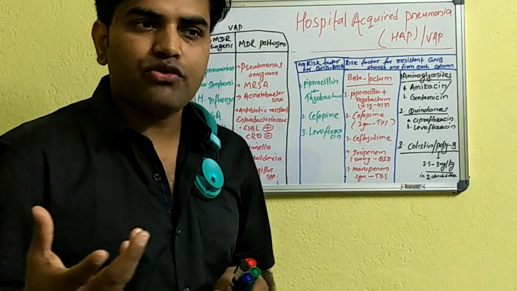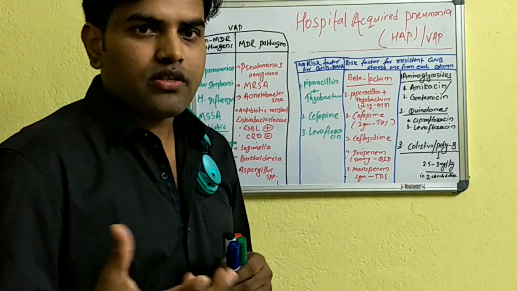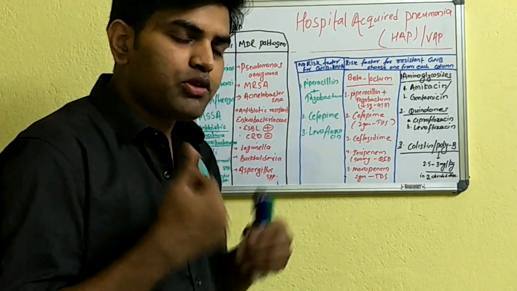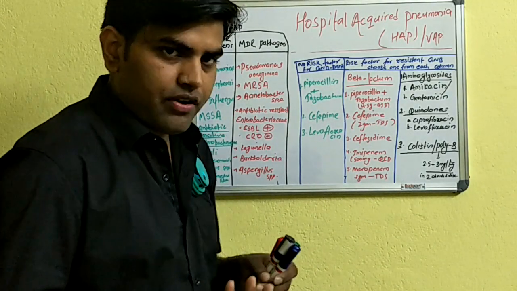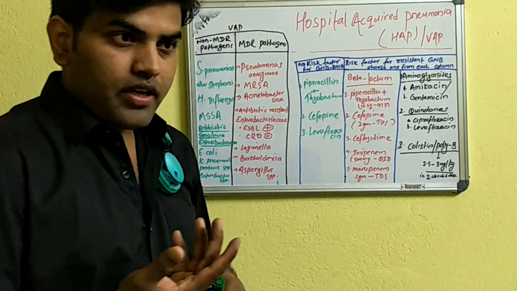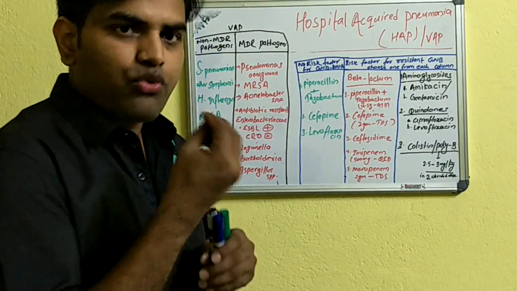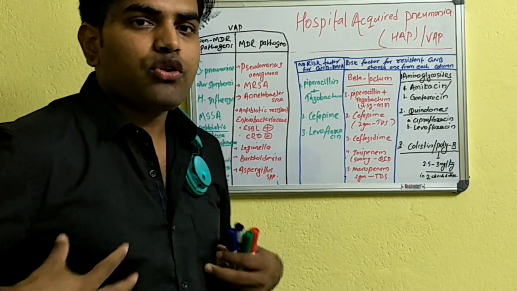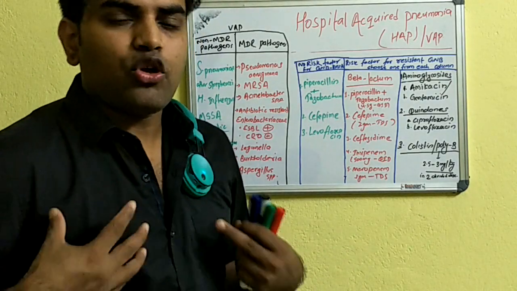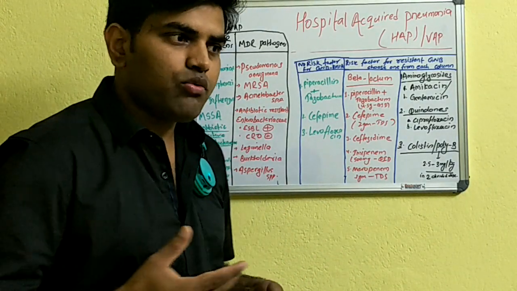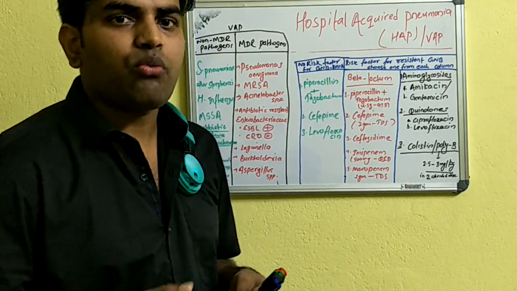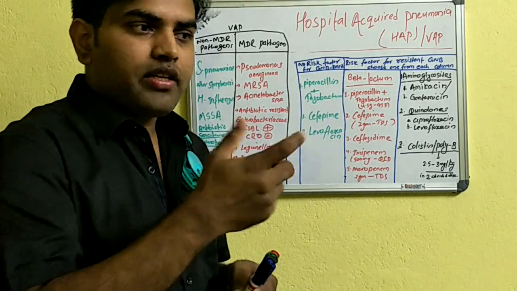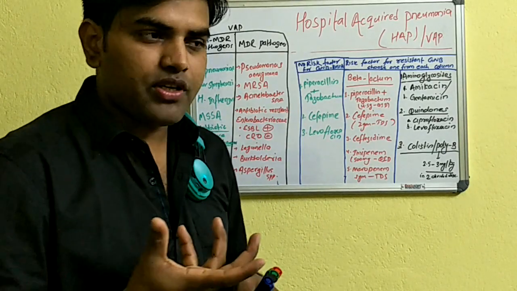When you are in the community, you have your different normal flora, but when you come to the hospital, this is colonized by pathogenic bacteria. Number two is the aspiration of that oropharyngeal content into the sterile lung region in the lower respiratory tract. Normally, you can get aspirated when you are lying down, unconscious, or when you are getting intubated.